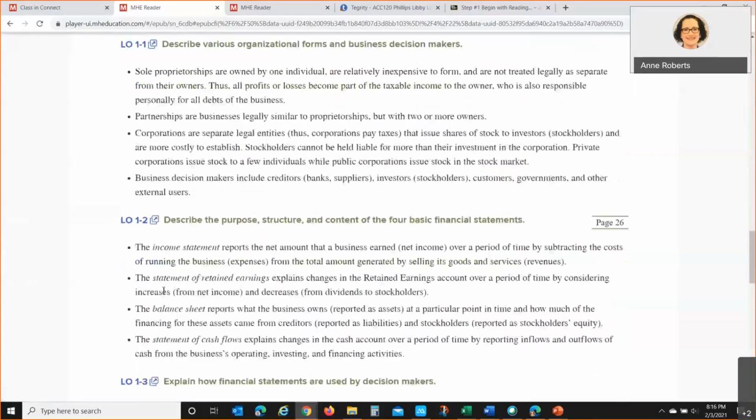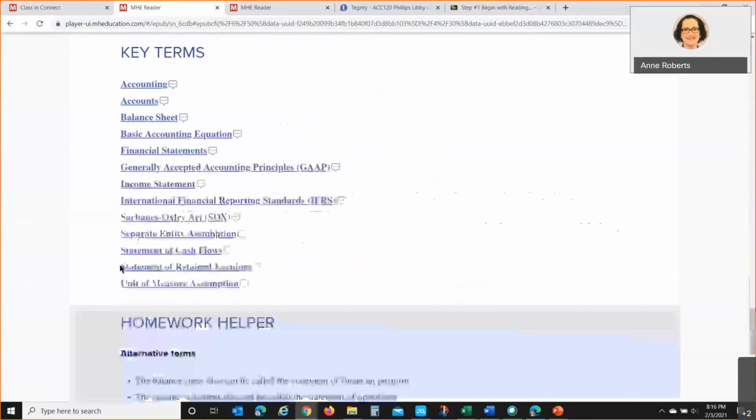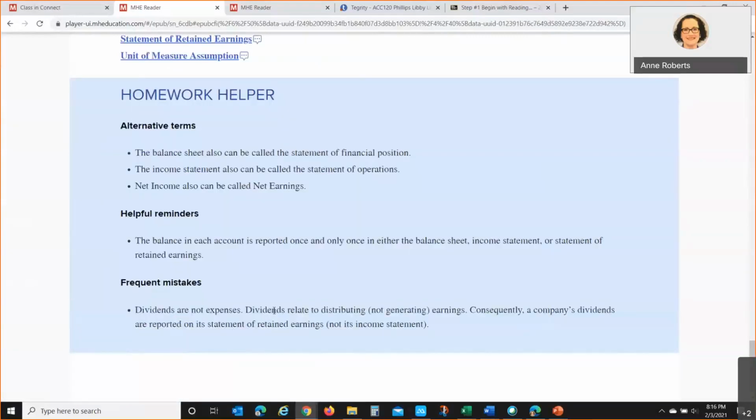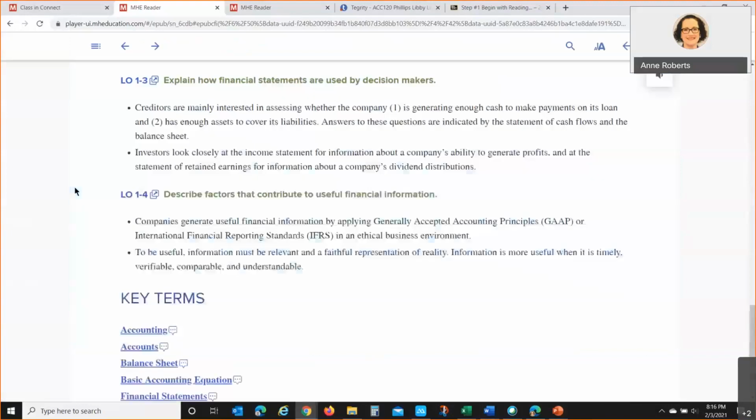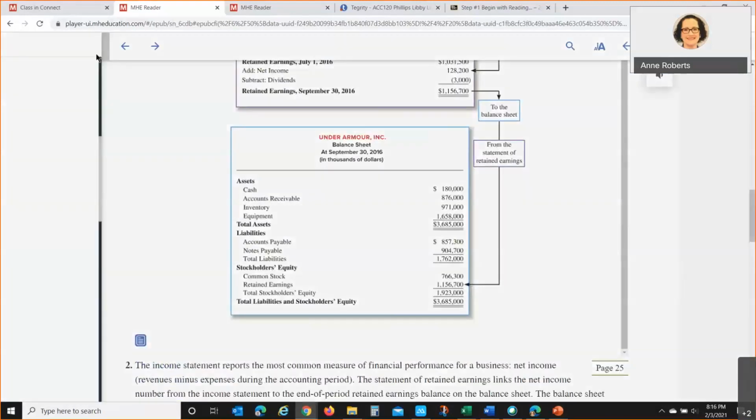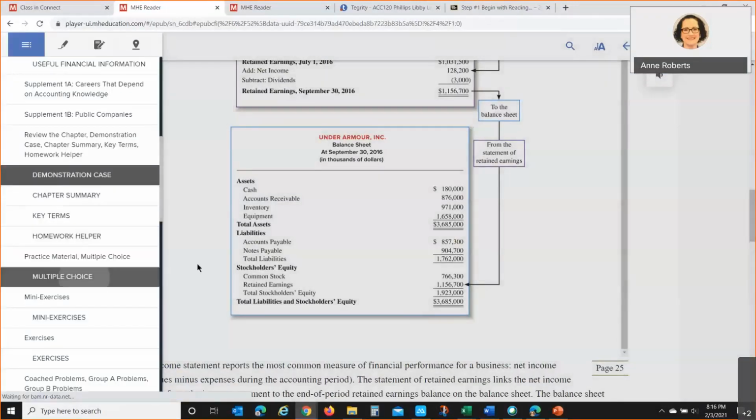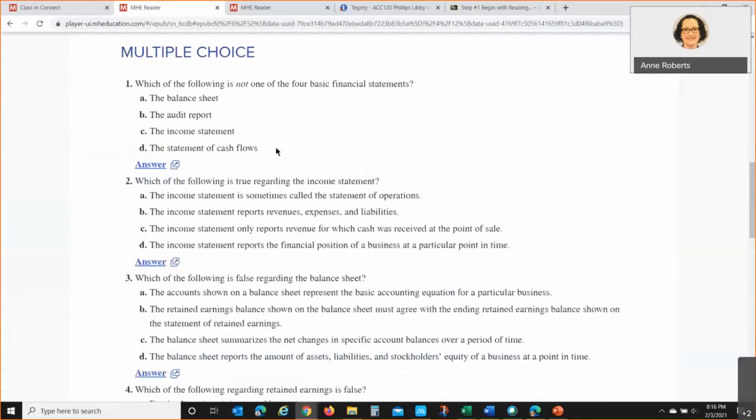Here's your chapter summary with all your learning objectives, your key terms, your homework helper. And then that quiz, but you have to click on that quiz separately for it to come up. That's at the end of every chapter in your ebook, and in your actual printed textbook as well.